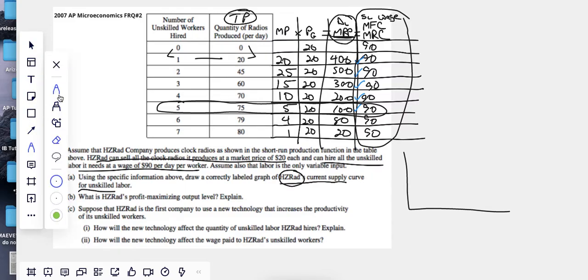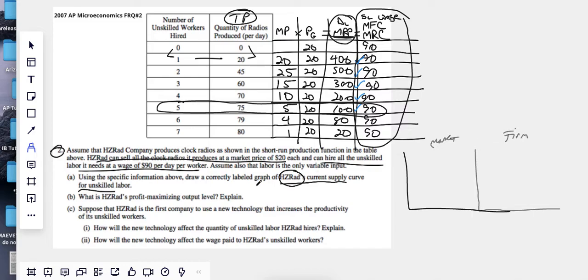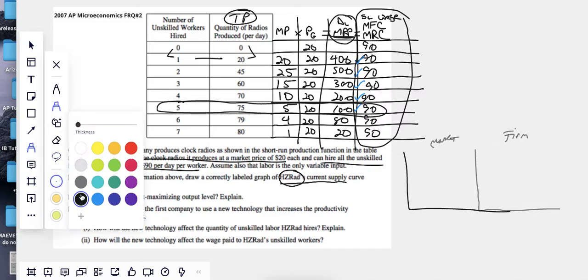You should know both of these graphs, be able to draw them. They are just side by side. So this will be my market, and this will be my firm.